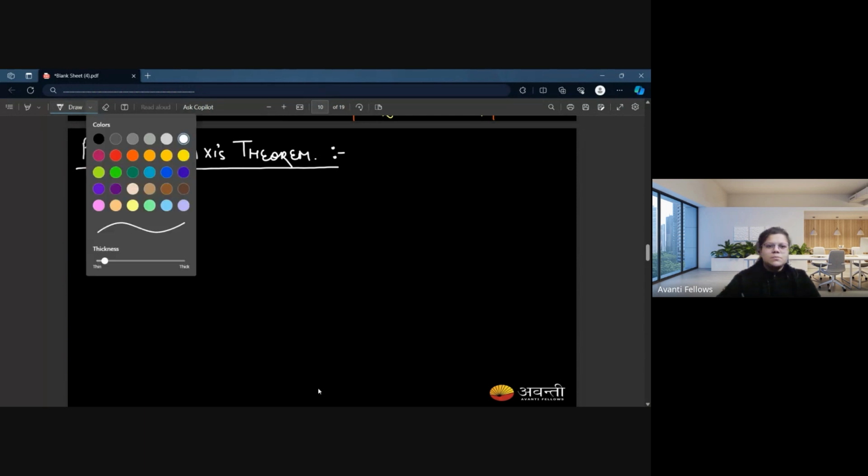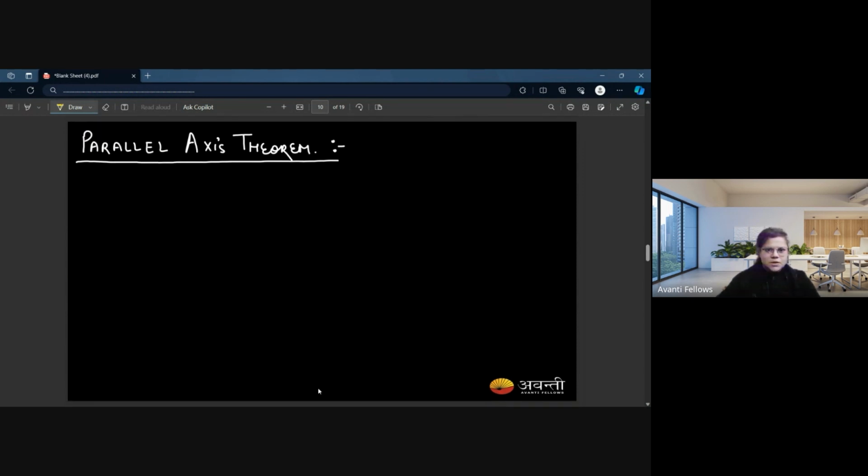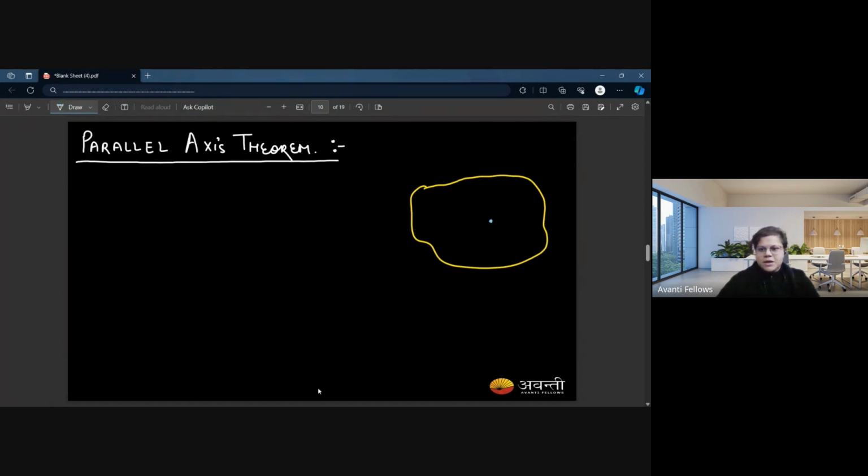In this theorem, we get like this. Let's say this is a body. Let's say this is the center of mass of this body, and our axis is passing like this. So the inertia about this axis, I would say, is inertia about center of mass.